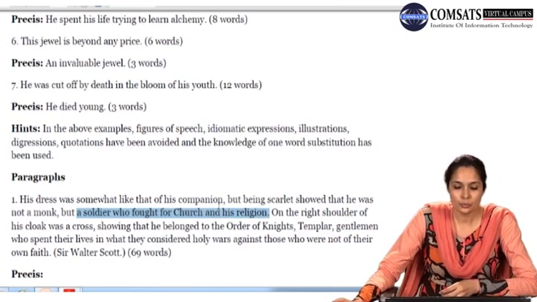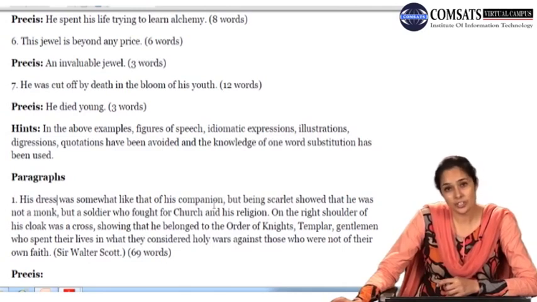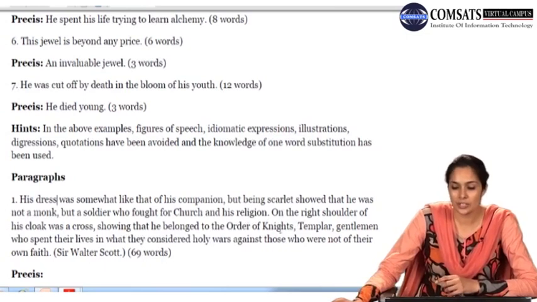So you would say that his dress was the knight was different from the other person, as in his dress was scarlet. On the right shoulder, ये आपको dress की description देने की ज़रूरत नहीं है. When you say he was a knight Templar, तो उसमें dress की description आ जाएगी.